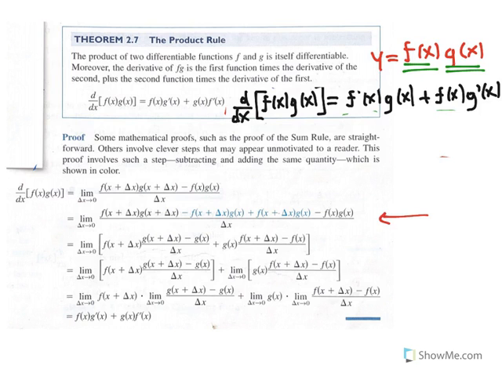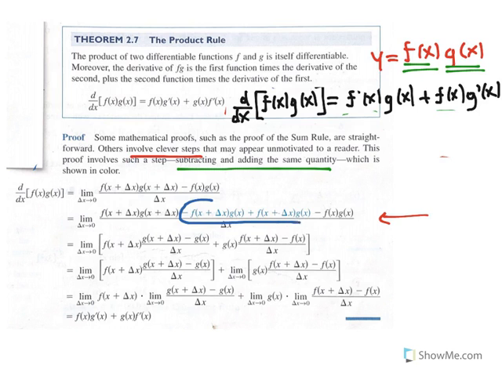So what is done in the second line? You can read here in the description of the proof that some mathematical proofs, such as the proof of the sum rule, are straightforward. Others, such as this one, involve clever steps. This proof involves such a step, subtracting and adding the same quantity, which is shown in color here.